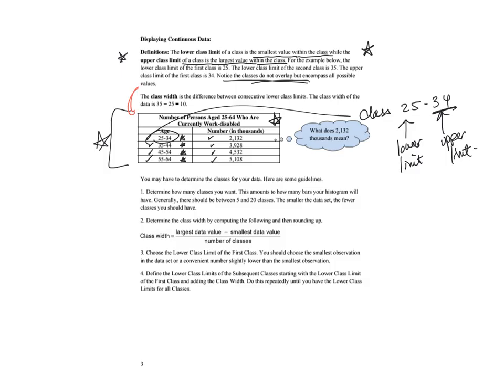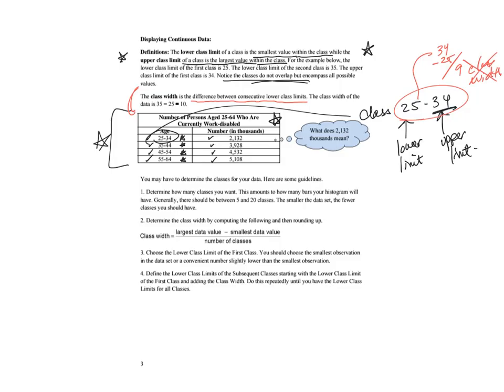So let's look at that. It says the class width is the difference between consecutive lower class limits. The way sometimes this is misdone is they look at the class, let's look at this one, 25 to 34, and they subtract those and they get 9, and they say that's the class width.